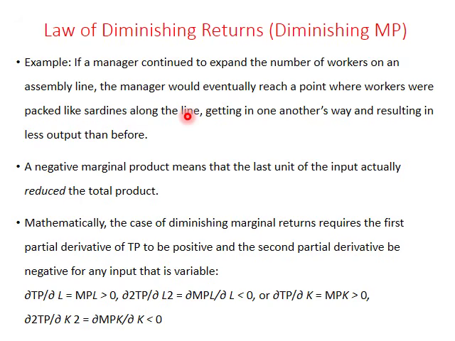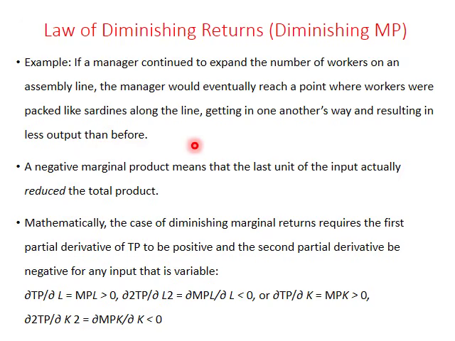So they can't work effectively because of the crowdedness, getting in one another's way and resulting in less output than before. As the manager adds more and more workers, ultimately the output decreases.